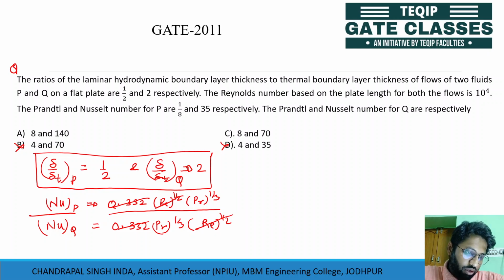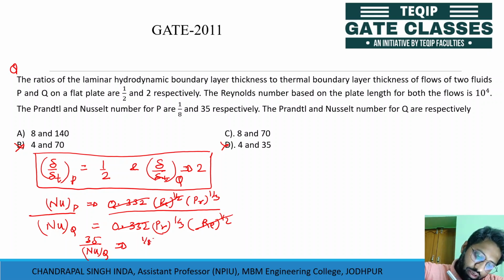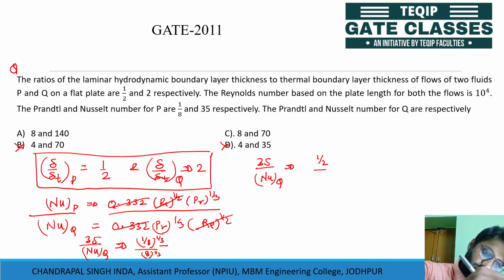So the Nusselt number for P fluid is 35, divided by the Nusselt number for Q fluid, is equal to the Prandtl number for P fluid, 1 by 8 power 1 by 3, divided by the Prandtl number for Q fluid, which is 8 as we found earlier, so 8 power 1 by third. Then 35 divided by the Nusselt number for Q fluid is equal to 1 by 2 divided by 2, which gives 1 by 4.